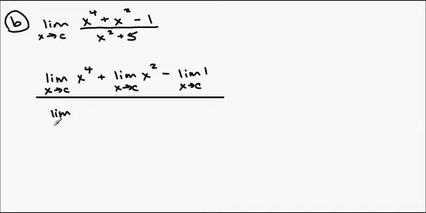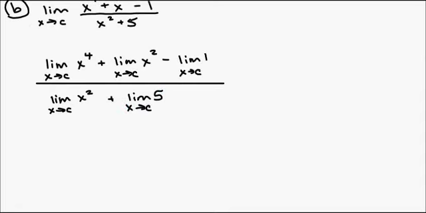the limit as x tends to c of x squared plus the limit as x tends to c of 5. Okay. And again, plugging in, we have c to the 4th plus c squared.